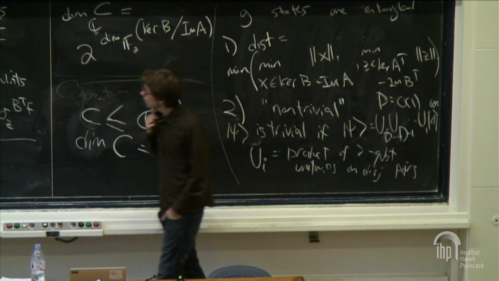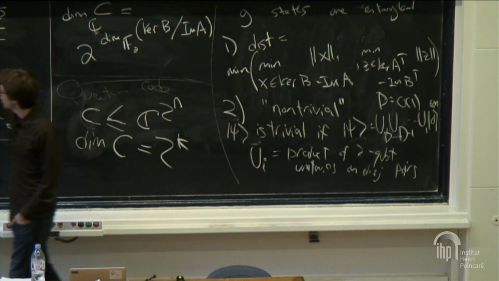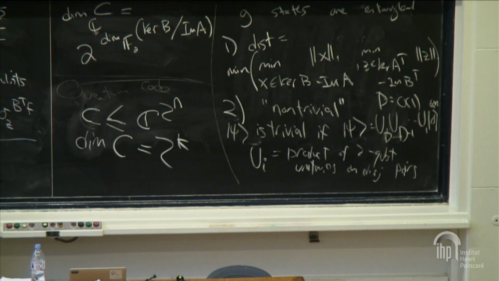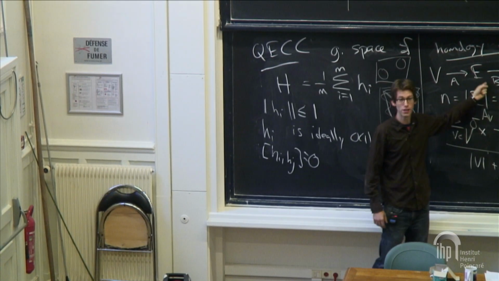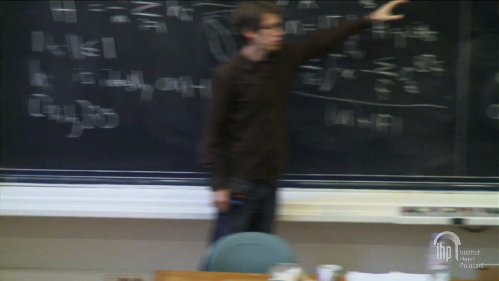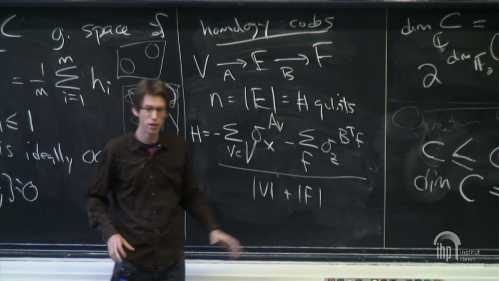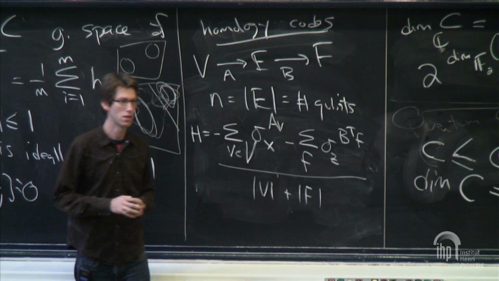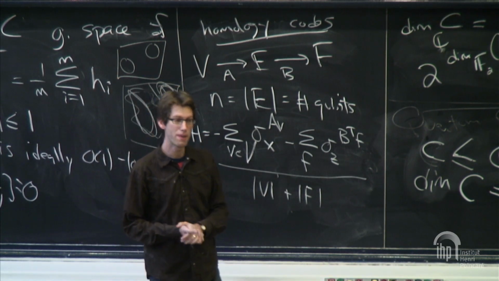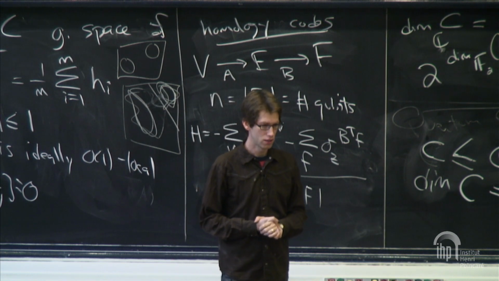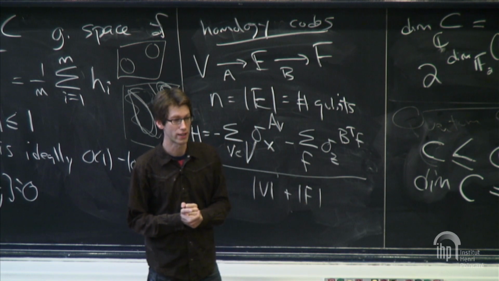The reason why homology is a natural thing to do here is because if each vertex borders a constant number of edges and each face borders a constant number of edges, then each term in the Hamiltonian will just touch a constant number of qubits. So that's why homology has been an attractive way to develop error-correcting codes.